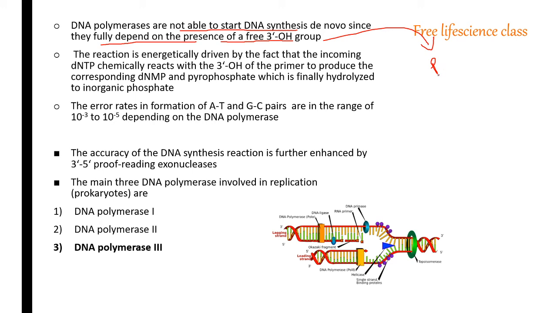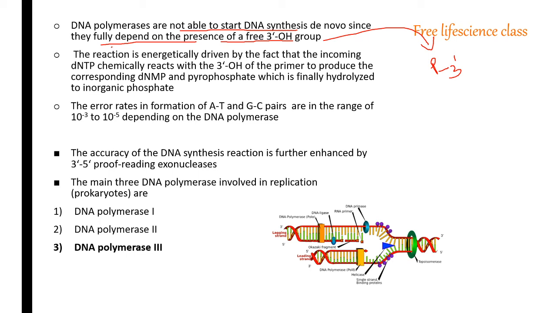So when the primer binds to the template strand, the DNA polymerase gets a free 3' OH group, so that our DNA polymerase will start to synthesize new DNA. Everybody get it? Okay.